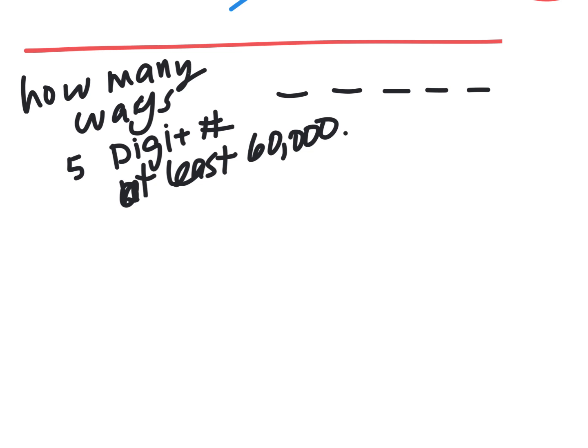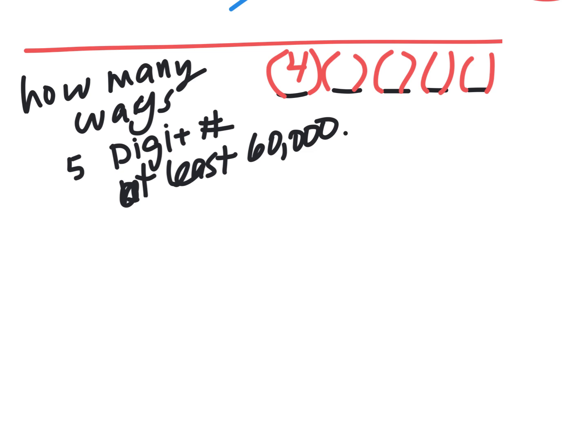So ask yourself, how many choices do I have for this? Does it have to start with a 6? No. Can it start with a 6? Yes. So it's going to be a 6, 7, 8, or 9. Who had 4 there? Raise your hand if you had that. Awesome. Then these, I know you get in the pattern sometimes on these problems that it's going to be like 4 times 3 times 2 times 1. Nope.